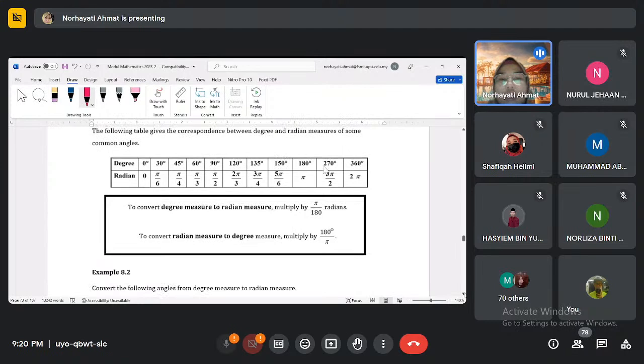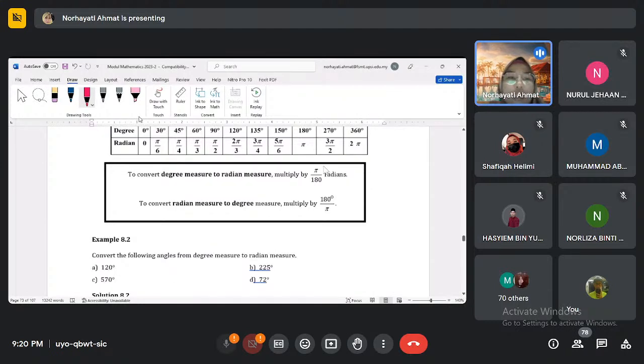Okay, kat sini ada saya bagi dia punya formula. Okay, degree to radian, we multiply the angle by pi over 180. Okay, so kita ada, okay, degree to radian. Okay, we multiply theta by pi over 180. So we will get the answer in radian.